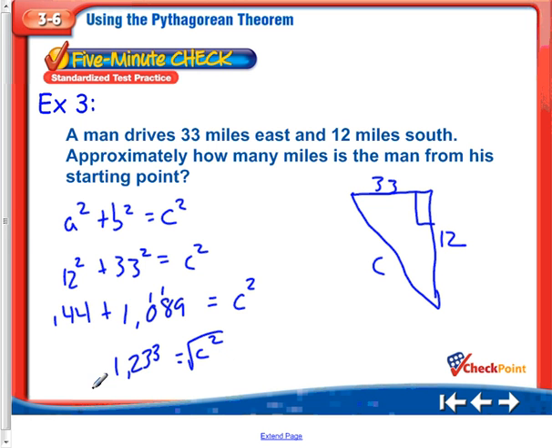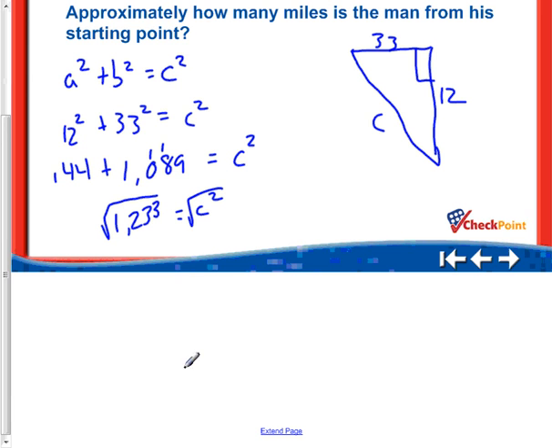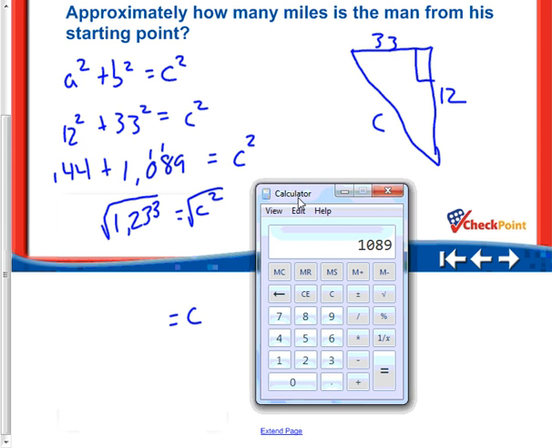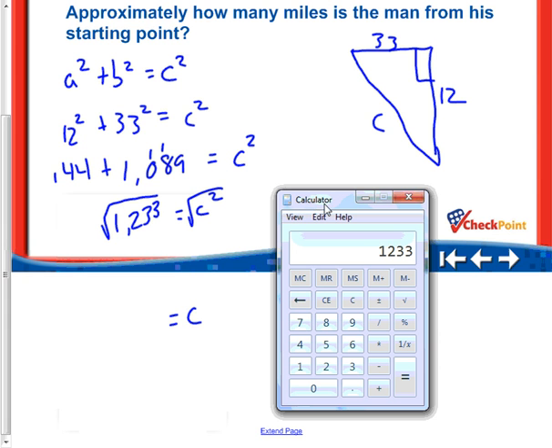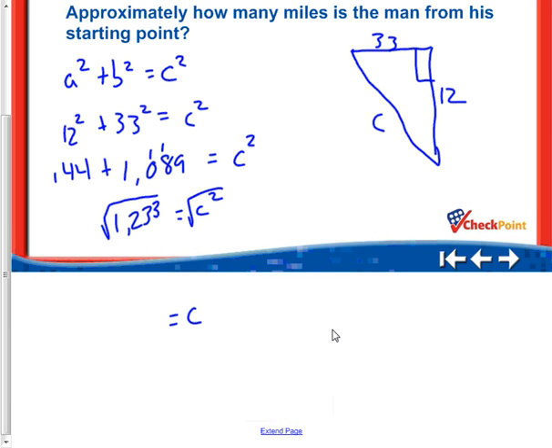And then we'll want to take the square root of both sides, so that way we can find out what the distance was between our starting point and our end point. So we have c is equal to, and we'll have to go to our calculators to work this one out. I'll take the square root of 1,233, which is about 35.1 miles.